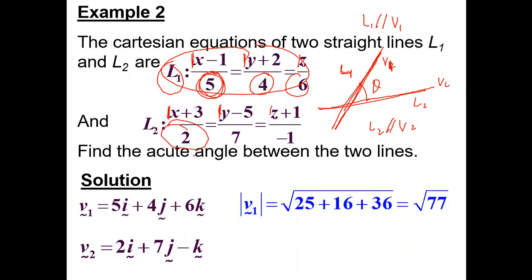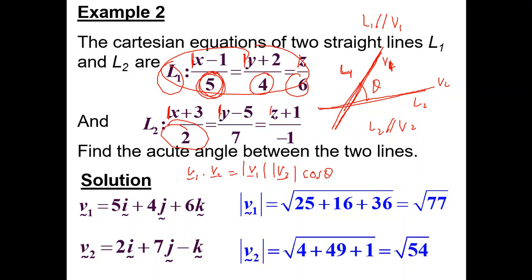Then to find the acute angle, you need to use the formula V1 dot V2 is equal to modulus V1 times modulus V2 cos theta, right? And you need to find the modulus of V1 and also the modulus of V2.